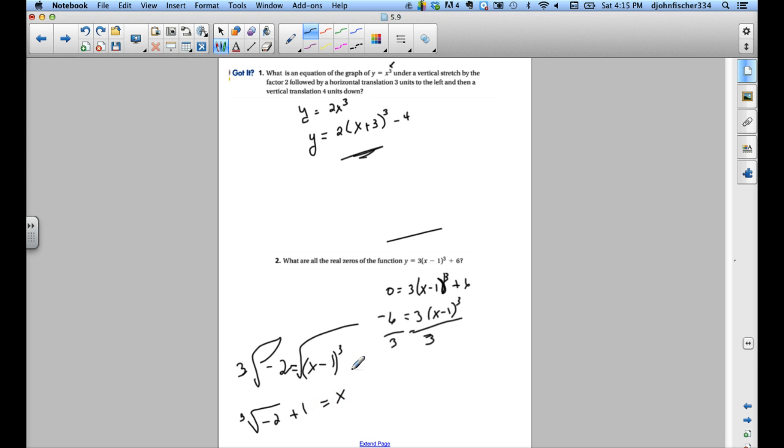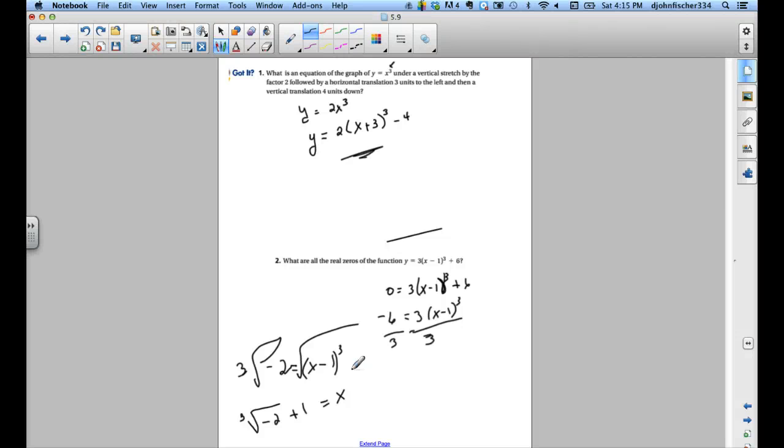So my real zero of this function is the cube root of negative 2 plus 1. So as we look at here, it changes up a little bit, but that's okay as it goes through.